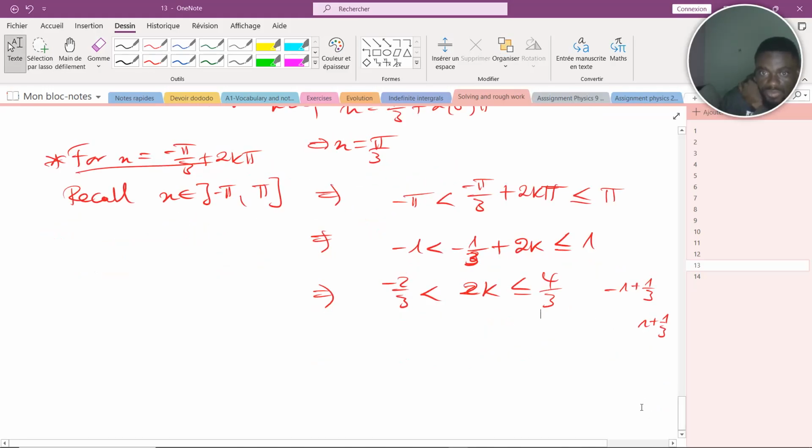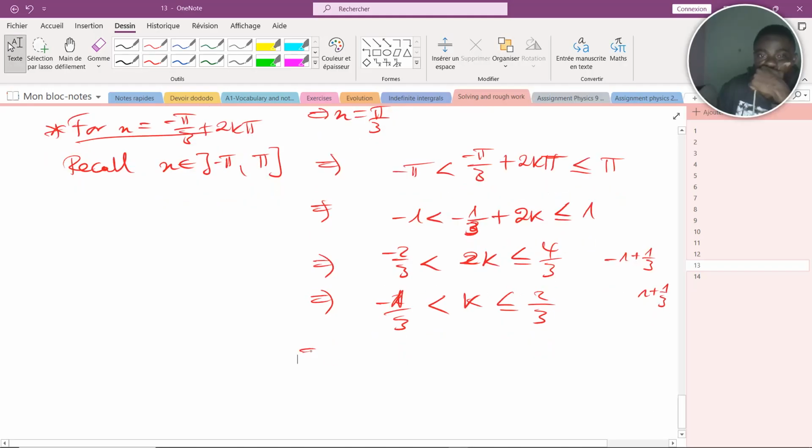Perfect. So this implies I'm going to have k strictly greater than what? Minus 1 on 3. Yes, less than or equals to what? We divide all through by 2. We're going to have 2 on 3.